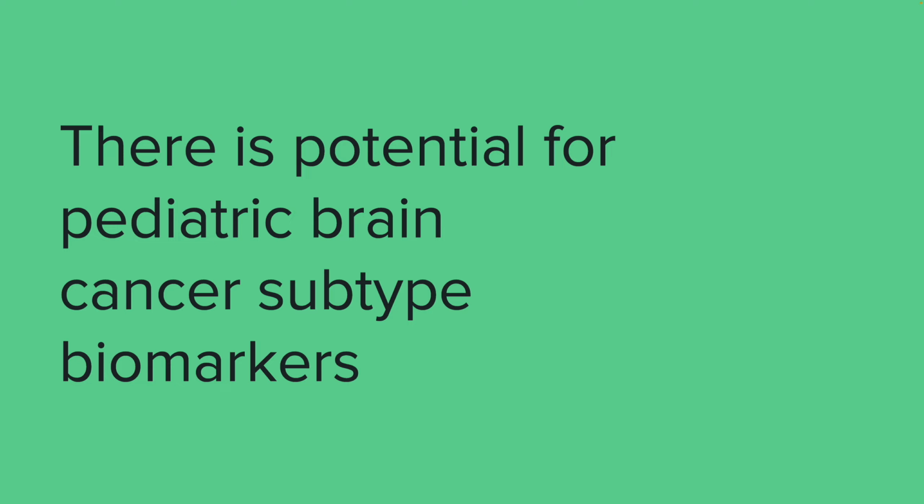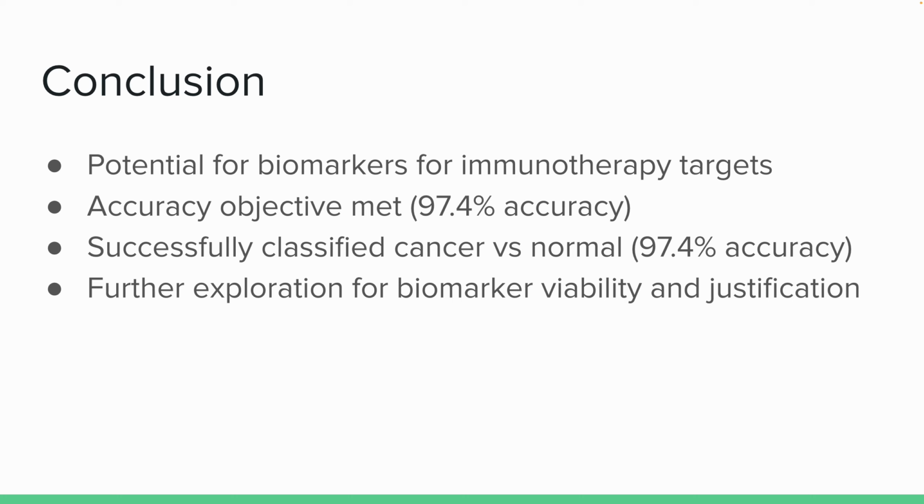And that is the big takeaway, is that there is potential for pediatric brain cancer subtype biomarkers looking at these genes that were deemed significant in distinguishing each different brain cancer subtype from one another. And we were able to do that with the random forest model that had a 97.4% accuracy, and that accuracy was also applied when distinguishing cancer versus normal in the broader categorization.